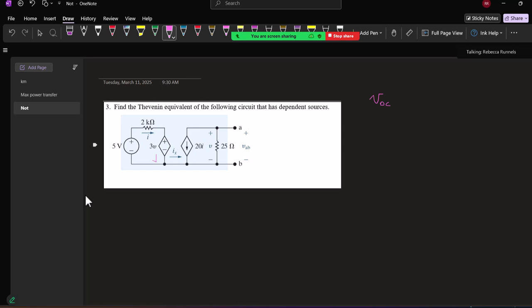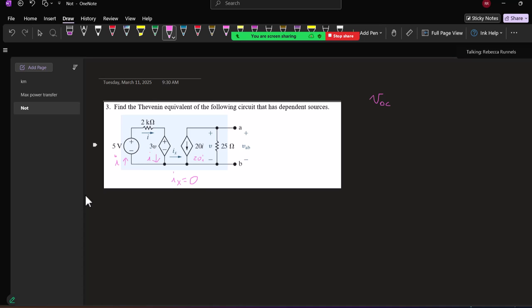So I have I coming down here. I have 20I going here. Now notice if I have I coming through this branch, I also have I going through this branch. So I've got I all throughout this left-hand loop. That means that Ix has to equal 0.